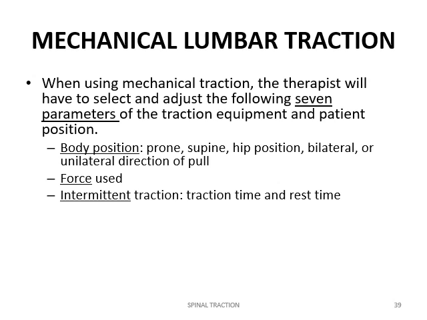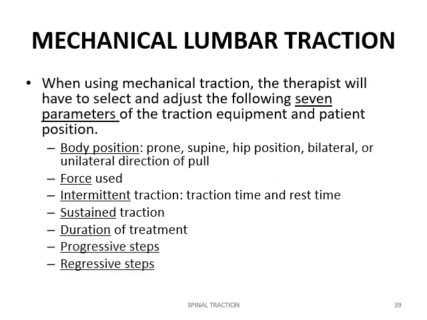If the traction mode is intermittent, traction time and rest time may be adjusted. Another selection of mode of traction is sustained traction. Total duration of treatment may be adjusted, and traction force may have progressive increment or progressive decrement. So progressive steps and regressive steps may also be adjusted.